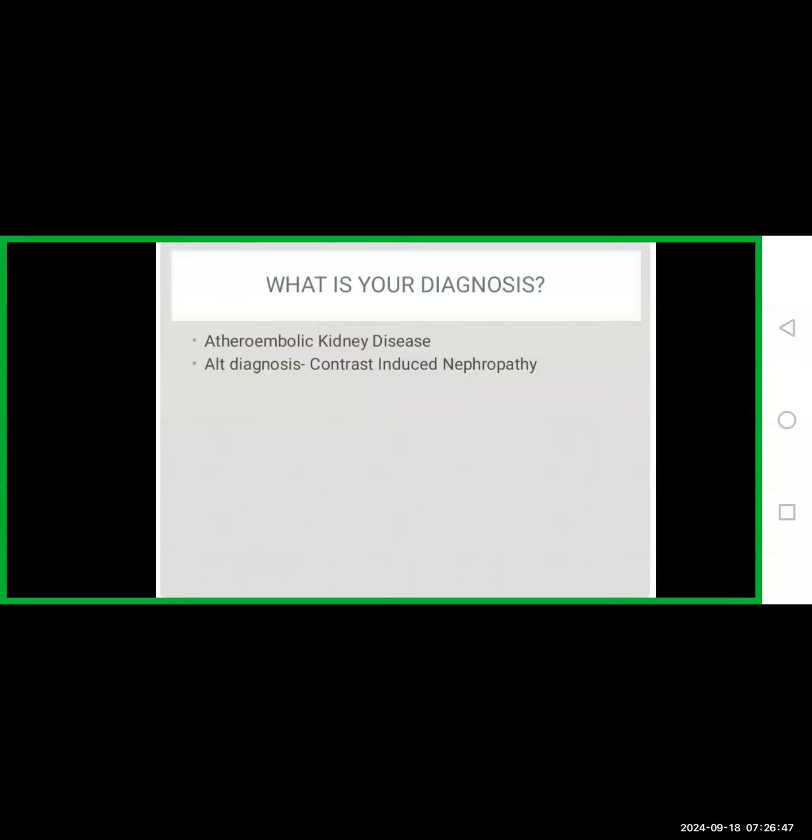So the first question says, what is your diagnosis? My diagnosis is atheroembolic kidney disease. However, alternatively, it could be contrast-induced nephropathy. The reason I took atheroembolic kidney disease is that this man already has myocardial infarction, so definitely he must have some atheromatous plaques.